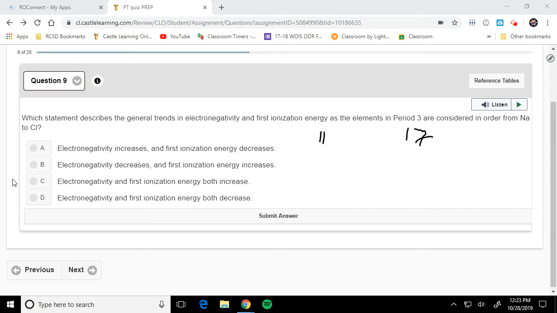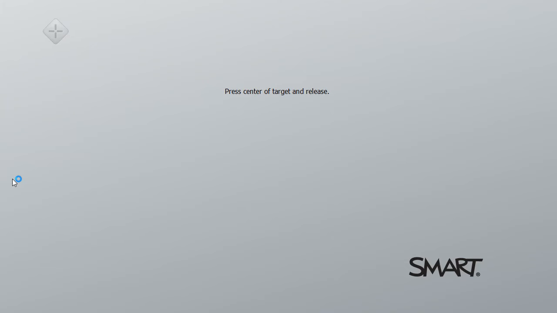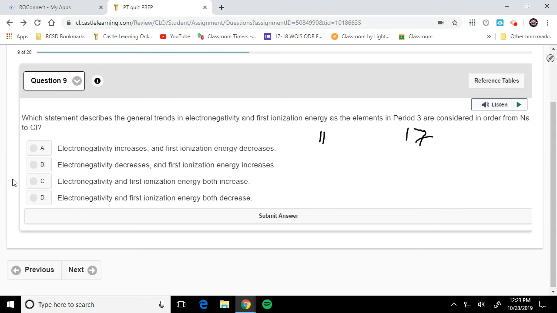And my board's being a little funky, so let me just recalibrate it. Look those things up. What's nice is I only have to look up 2. So let's see if my 17 can come out any prettier. Oh, good. So I'm just going to look them both up. Okay? So for sodium, number 11, I have first ionization energy of 496 and electronegativity of 0.9.